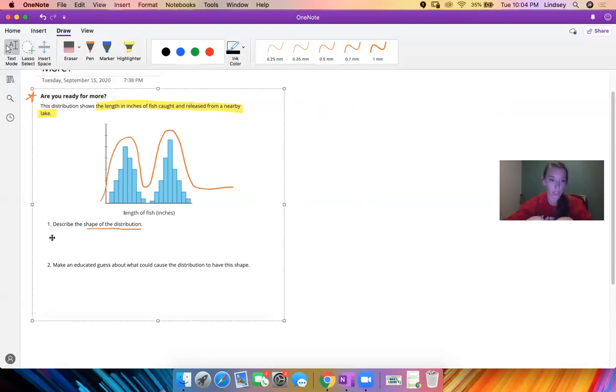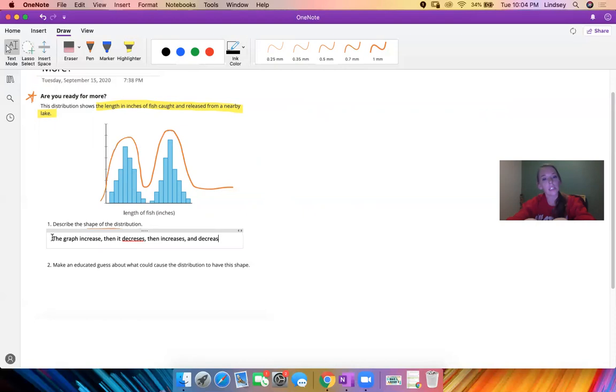You could have said the graph increases, then it decreases, then increases, and decreases again. That is not a wrong answer because that's what's happening in it.